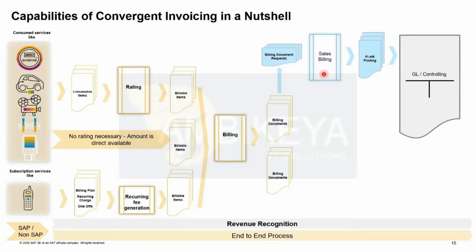Then it makes more sense to use the billable item management capabilities of convergent invoicing and hand over the aggregated billing documents as billing document requests to the SD billing component and combine them with other portions coming maybe from sales billing into the FI-AR subledger, and so have no disruption in their installed business processes.